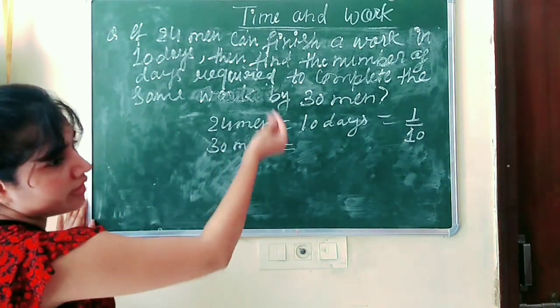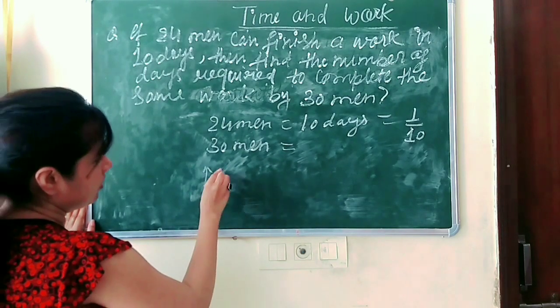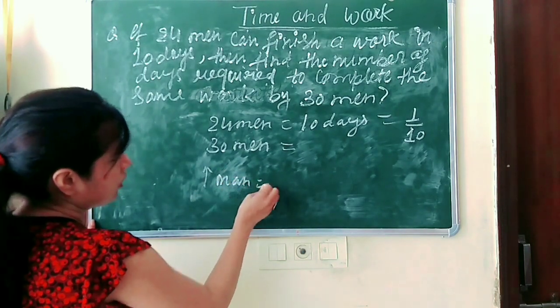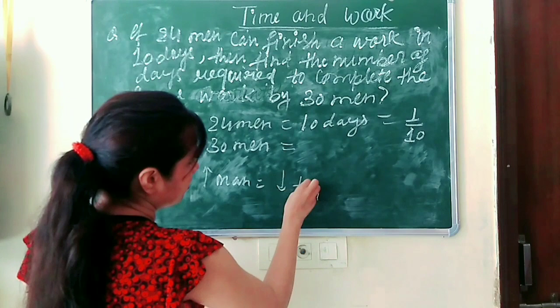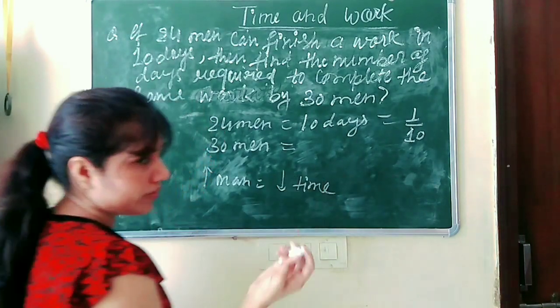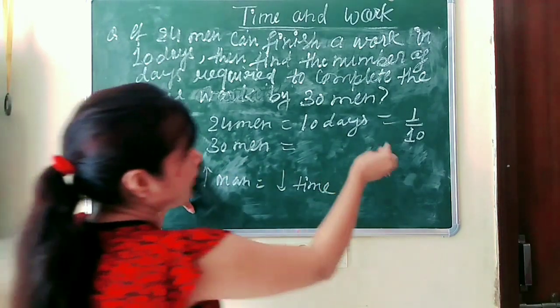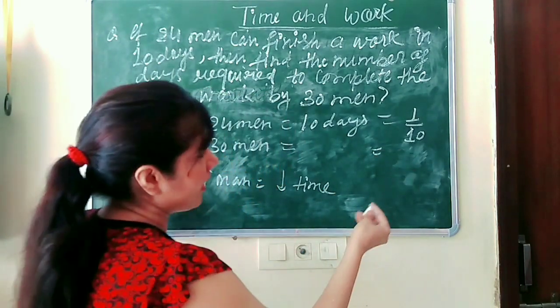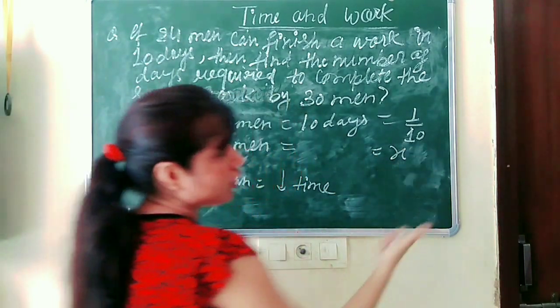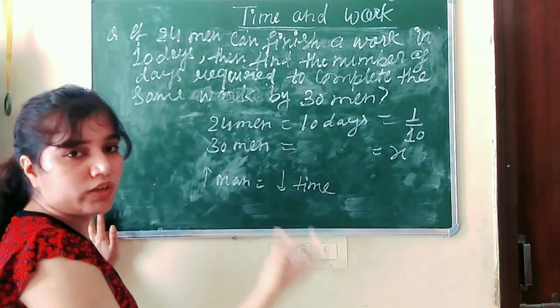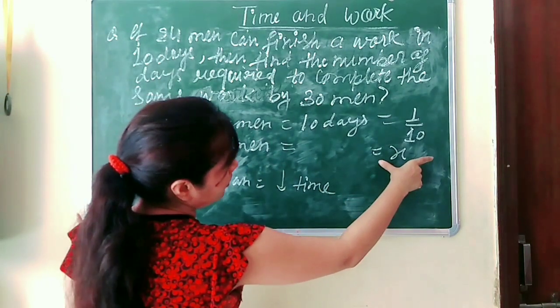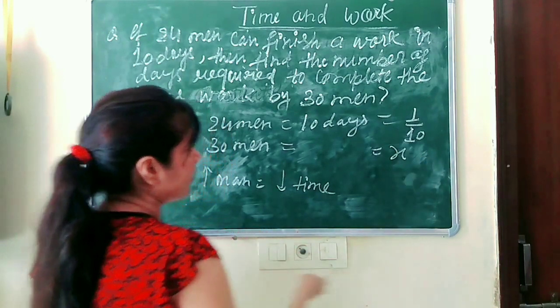We know that if we increase the manpower, the time will get reduced. Okay, so here for 30 men, we are assuming they do X amount of work in 1 day.